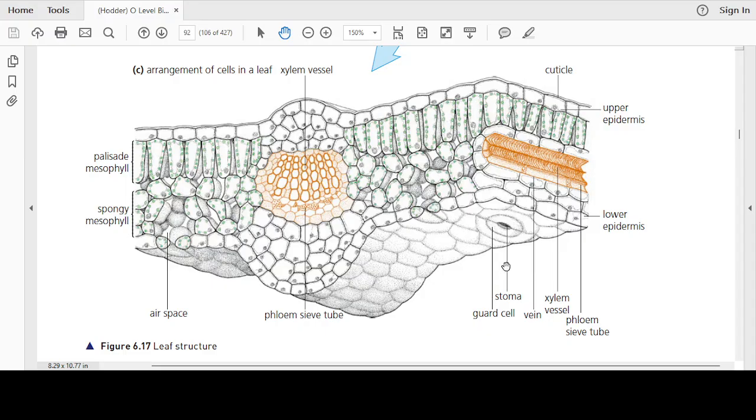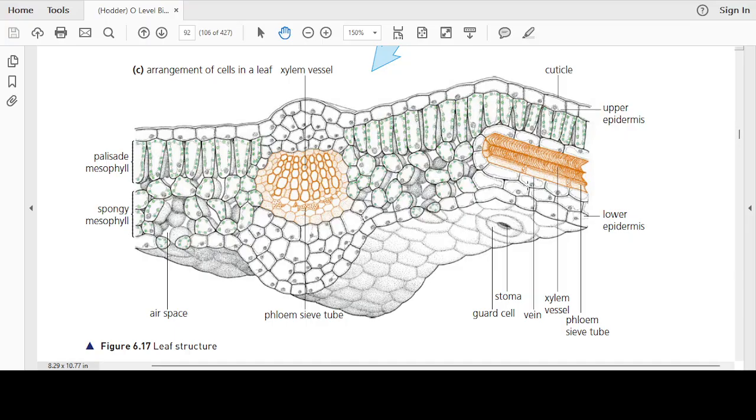Only one has been labeled, and then this black hole in between the two of them is called the stoma. Stoma is singular. What we normally hear is stomata, right? So that is an opening giving access for gas exchange into and out of the leaf.